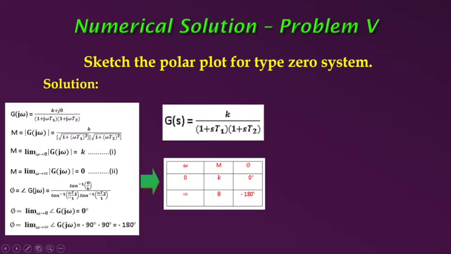This angle is 0, so the angle is 0 minus 0, that means 0. Then when we put ω equal to infinity, this value is already 0, and tan inverse infinity means 90 and 90. So this angle is minus 90 minus 90, that means minus 180.